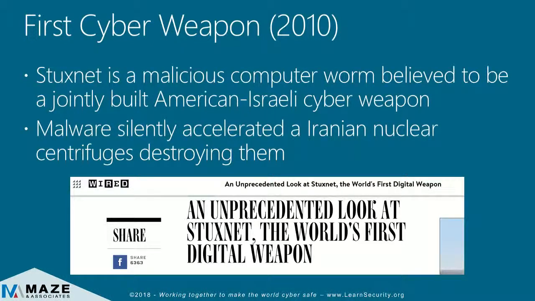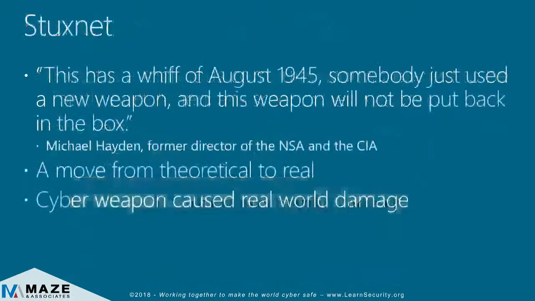So it basically got in there and messed with the system, told the system it was running fine when it wasn't, and just made them go and destroyed them, basically.